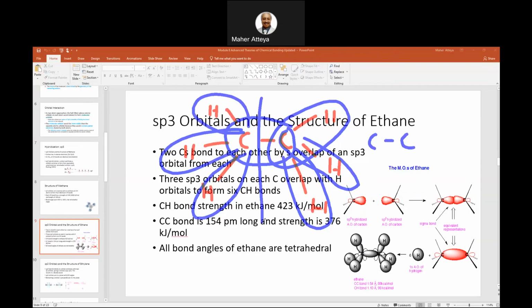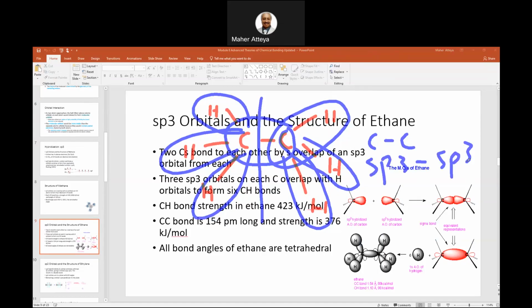So this is still AB4, tetrahedral. So the carbon-carbon connection is sp3-sp3.